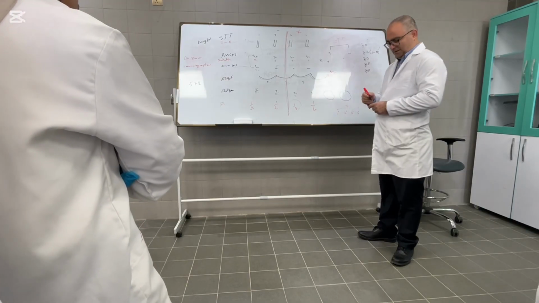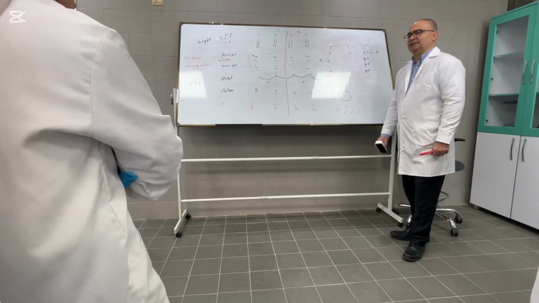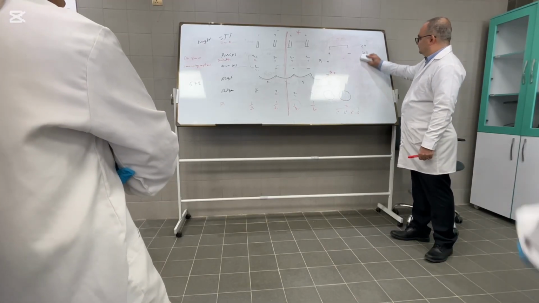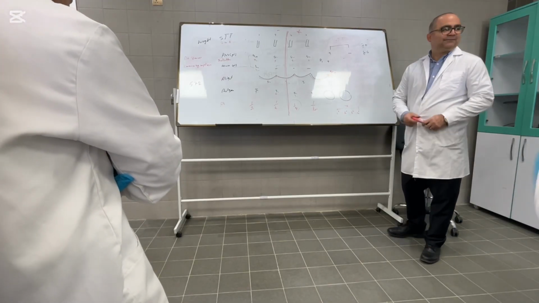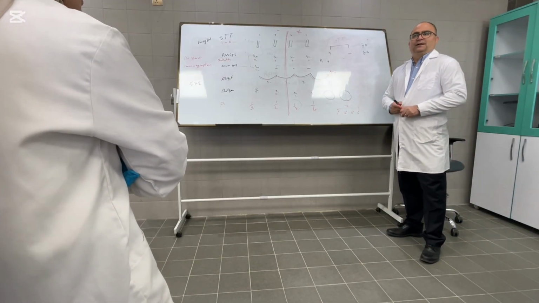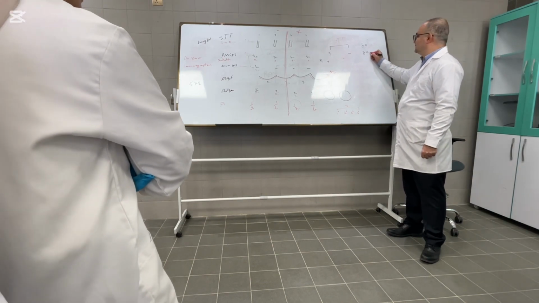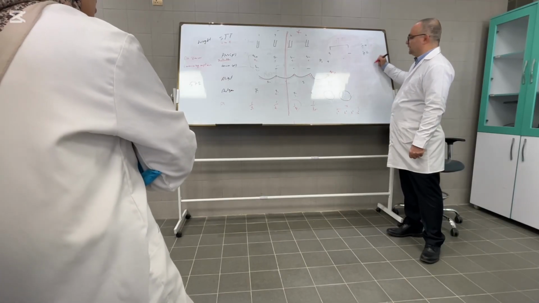But in brucellosis, IgG and IgM are produced. If the infection is acute, IgM is produced, and if it is chronic, IgG, it is a chronic infection. Okay.